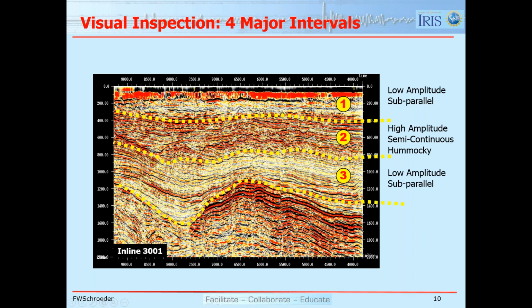Then there seems to be a third package, relatively low amplitude. The reflector geometry here I would call subparallel. And then the fourth main package, very high amplitude, very continuous, broken by some faults. But each of these packages, 1, 2, 3, 4, has somewhat of a different seismic character, or seismic texture, or seismic facies.